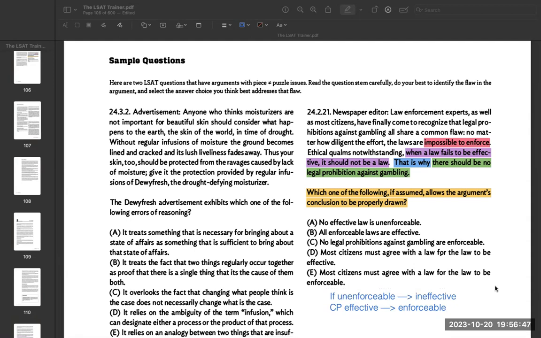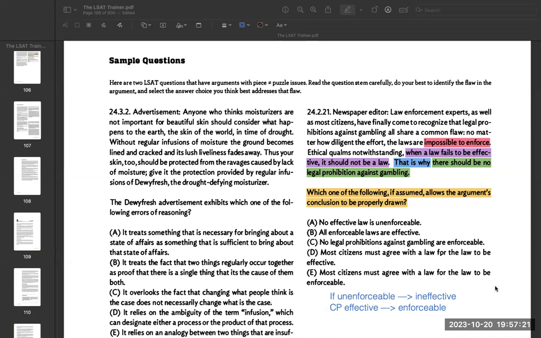So if we look at answer choice A, it states that no effective law is unenforceable. This is exactly what we need. So if we were to reword that statement, it would mean the same thing for us to say all effective laws are enforceable, or to say if a law is unenforceable, it must be ineffective.